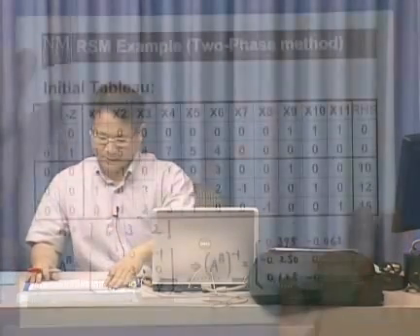Good evening. So today I'm going to continue the example that has been left over from last time. And I believe we are about to begin the second iteration of phase 2, right?